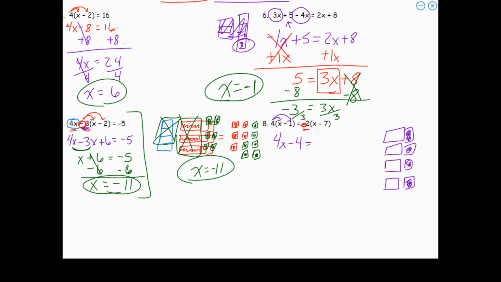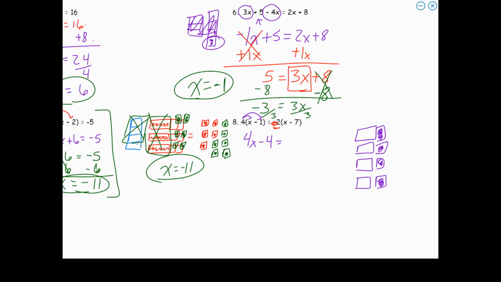So I've got 2 groups of negative x and positive 7, and another negative x and positive 7.